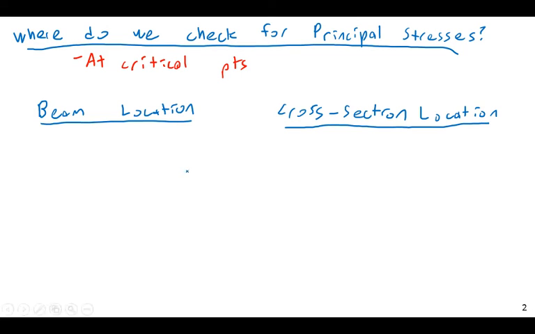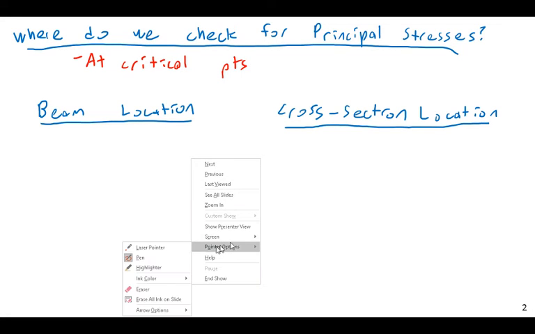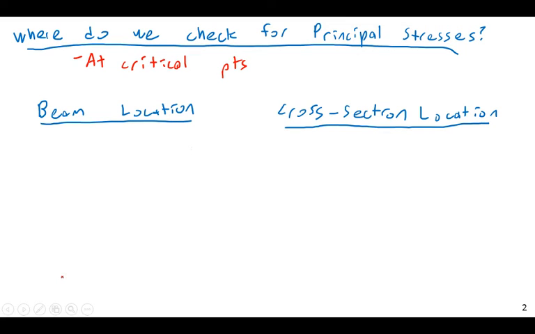So we're going to have locations where we need to check that are critical for each. And we'll basically need to check all the combinations therein. So let's say we have 3 for each: 1, 2, 3, and 1, 2, 3. So this is where steel design really gets complicated.